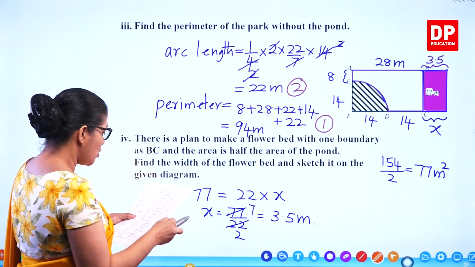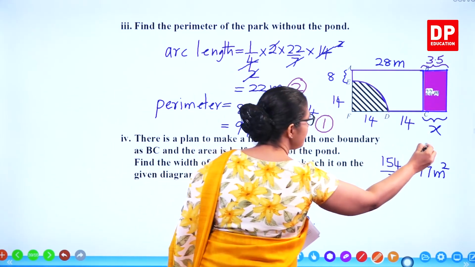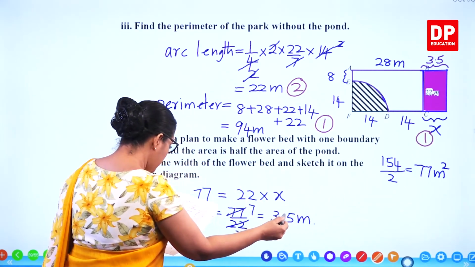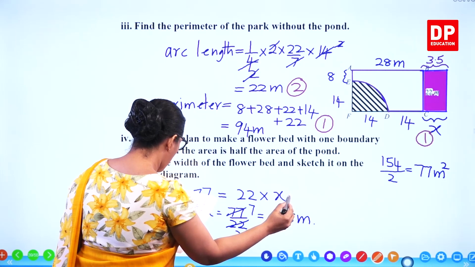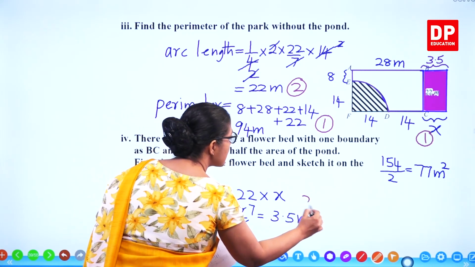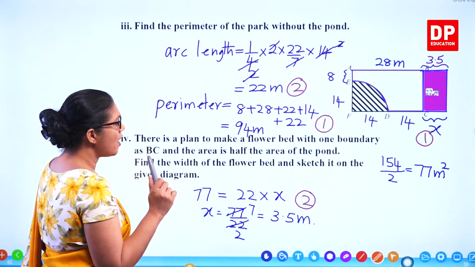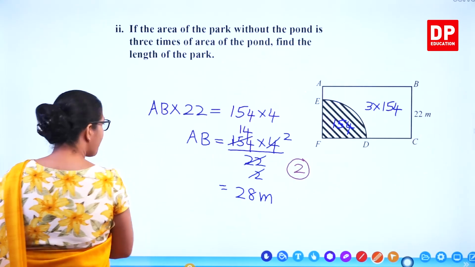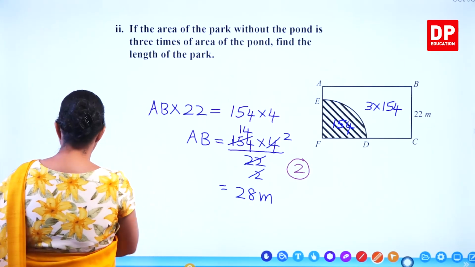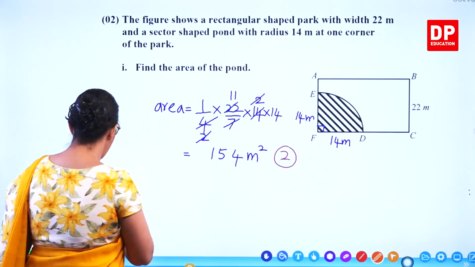Showing the diagram, 1 mark, and calculating the values, 2 marks. So check whether you got all 10 marks. 2, 3, 4, 5, 6, 7, 8, and these two, 10. Altogether 10 marks for that.